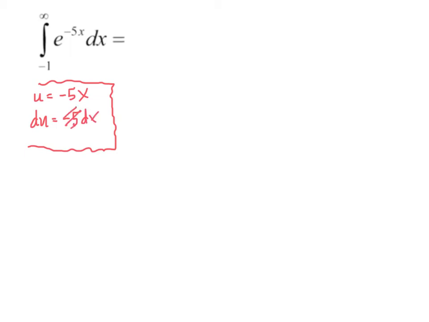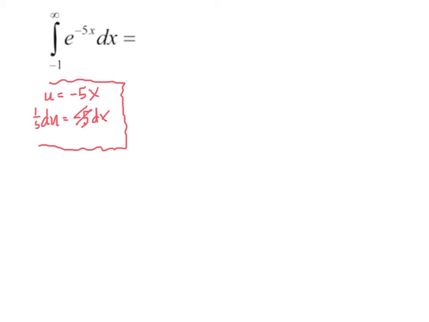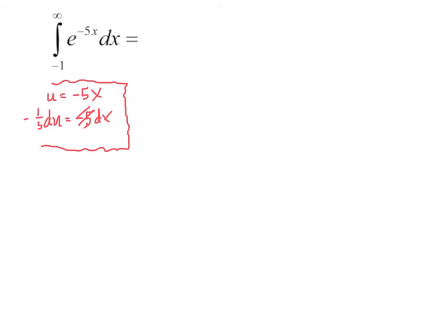So we divide both sides by negative 5. Let me rewrite. I'm going to have a negative 1/5 out front. I have an integral of e to the u du.